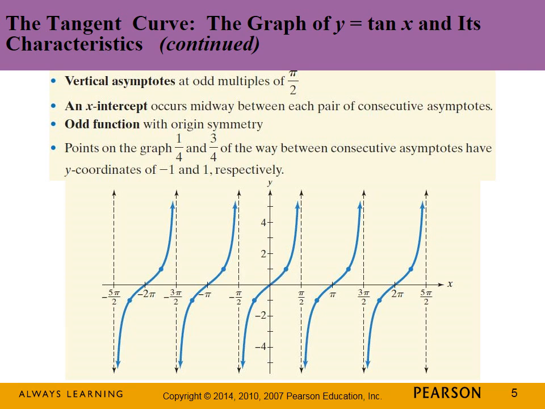So notice at 0, pi, 2 pi, negative 2 pi, the tangent is equal to 0 at all those points. Again, it is an odd function, and I'm not going to talk too much about this last bullet point here because that'll come out automatically when I show you how to graph a tangent function.